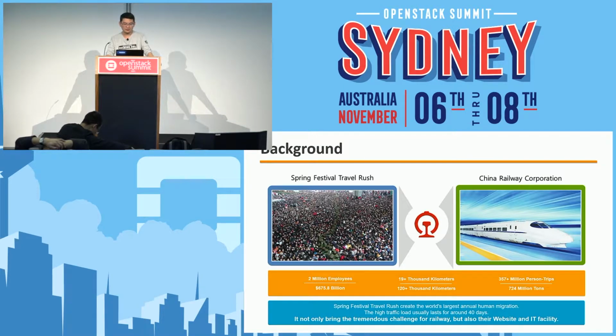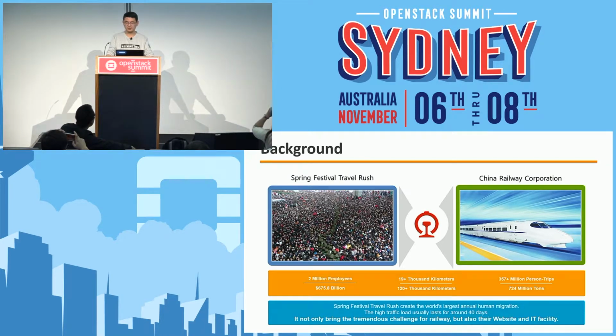By the way, China Railway Corporation has over 2 million employees, and the total assets are nearly $700 billion. With so many customers and employees, the old IT infrastructure cannot meet the requirement anymore. A new kind of IT framework is badly necessary to China Railway Corporation.